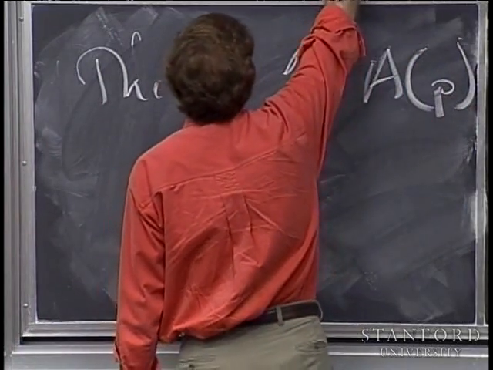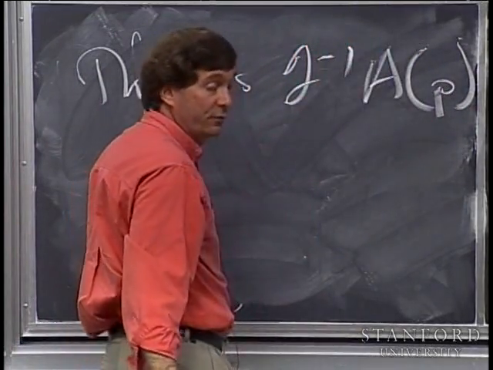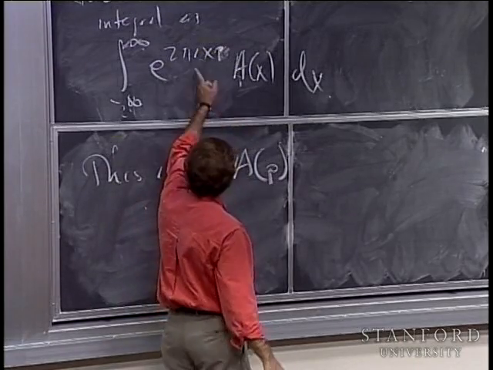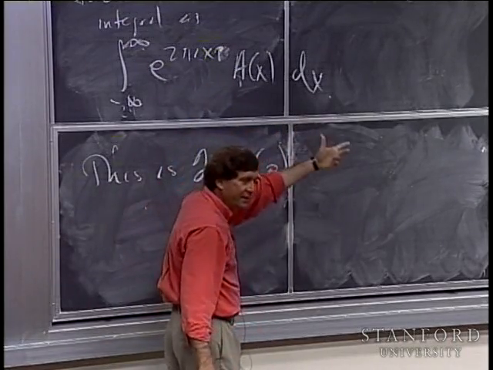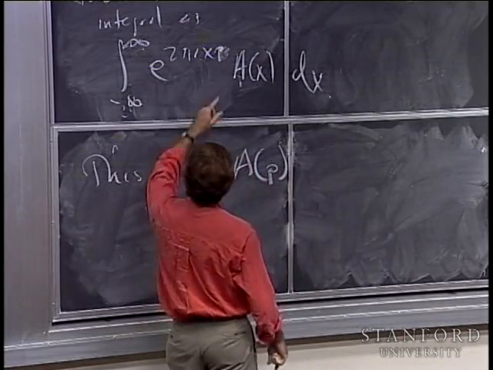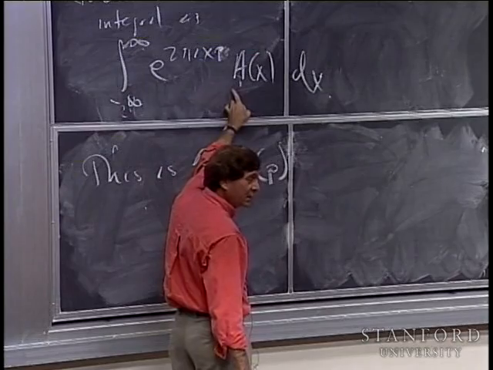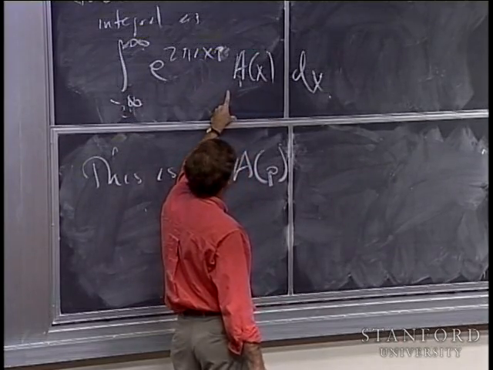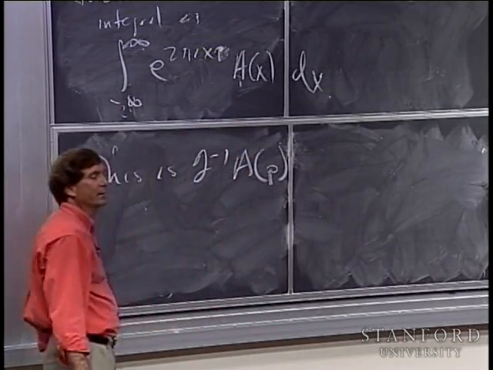The dual variable here, the variable in the Fourier transform, the two variables in the Fourier transform are x and p. p is sine theta over lambda, so p has to do with the geometry of the situation. But as far as writing the formula goes, if you recognize this as a Fourier transform, the variables are called x and p, and this is the inverse Fourier transform of a at p.